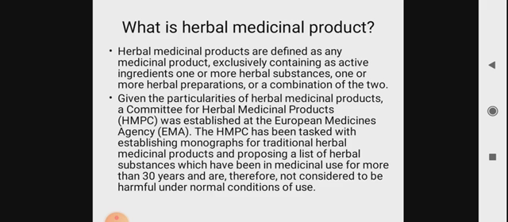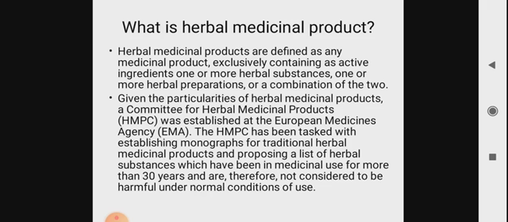The HMPC has been tasked with establishing monographs for traditional herbal medicinal products and proposing a list of herbal substances or medicine which have been in medicinal use for more than 30 years and are therefore not considered to be harmful under normal conditions of use.